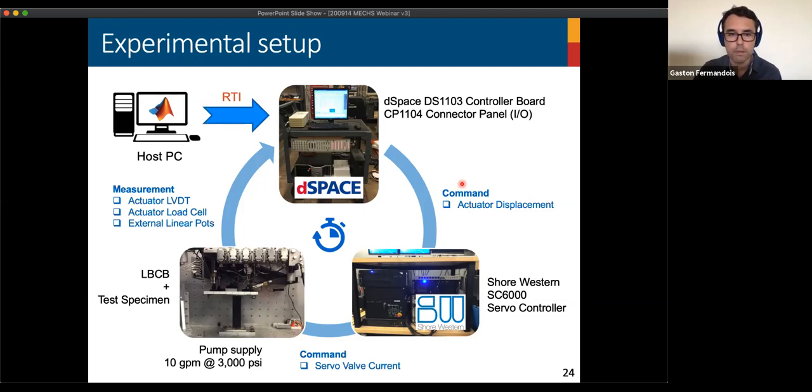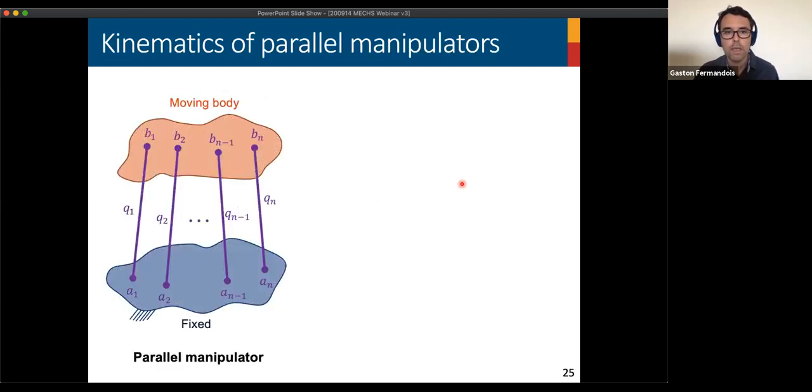Moving on, we need to make an important definition to understand maRTHS. And this definition is a parallel manipulator. What is a parallel manipulator? It's basically the load and boundary condition box that we're studying. We have two bodies. One is fixed and the other is a moving body.